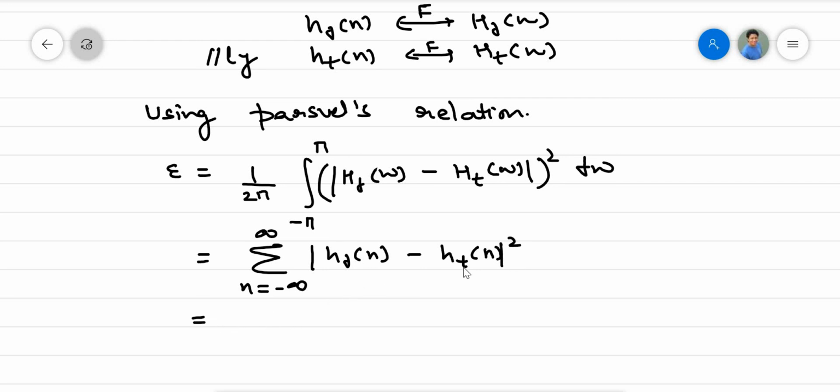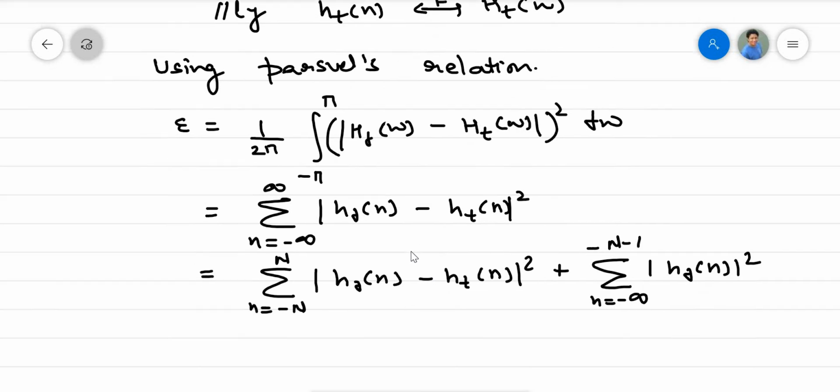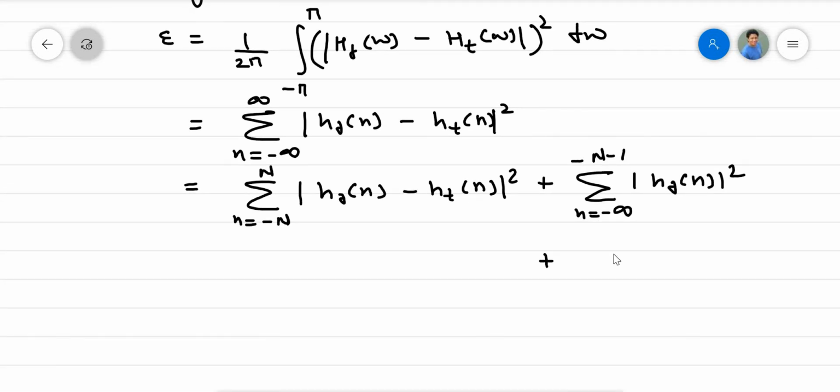Now if we open this relation, h_t[n] is only defined from minus N to N. So we will write it as n going from minus N to N of |h_d[n] minus h_t[n]| squared, plus summation n equals minus infinity to minus N minus 1 of h_d[n] squared, plus summation n equals N plus 1 to infinity of h_d[n] squared.